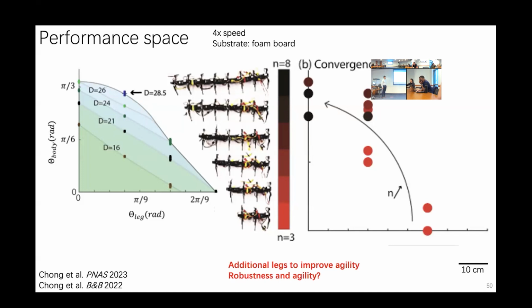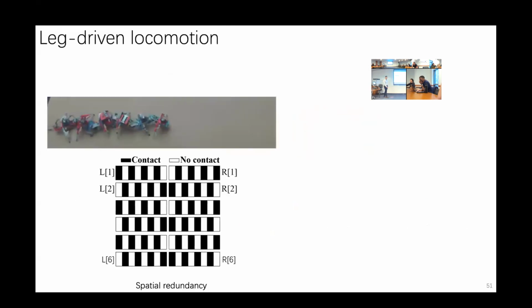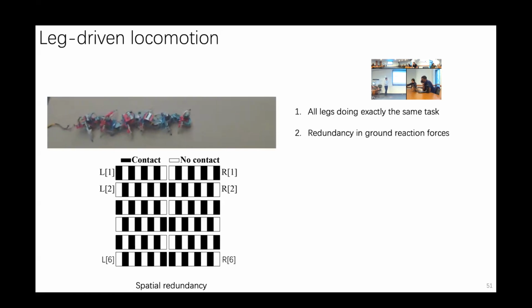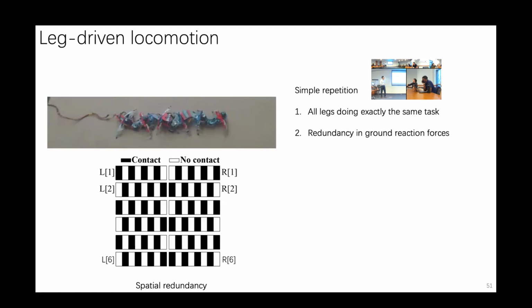To do that, let's take a different look at our leg-driven motion and look at the mechanisms for the robustness. We notice that all the legs are doing exactly the same task. That means there's redundancy in ground reaction forces. It's very similar to simple repetition in signal transmission.